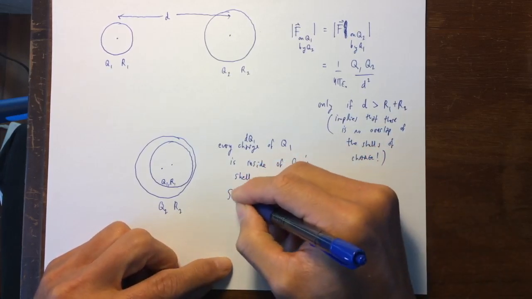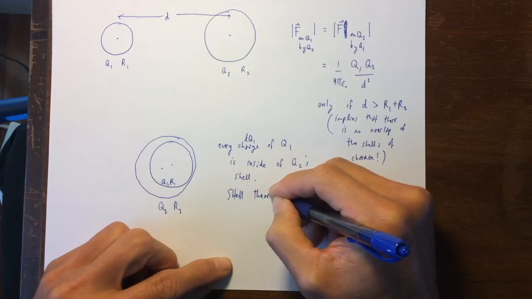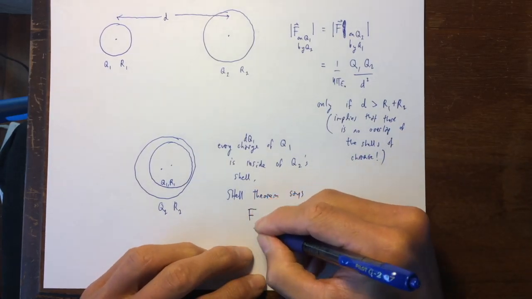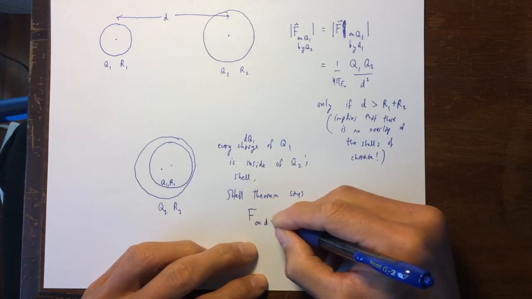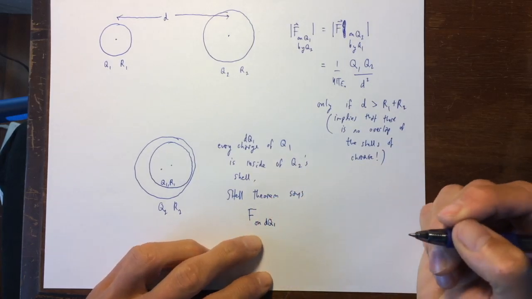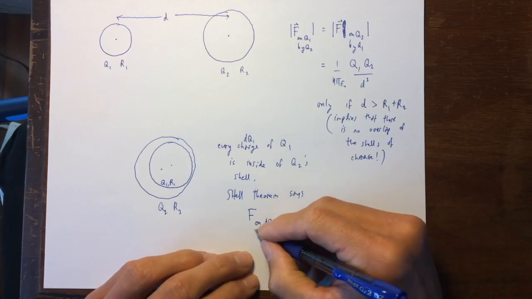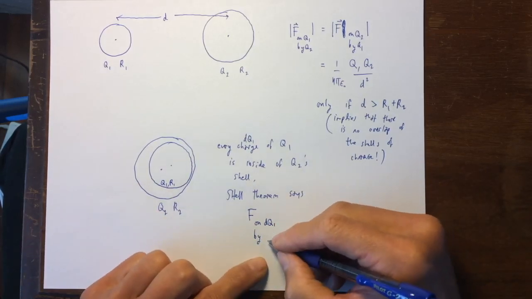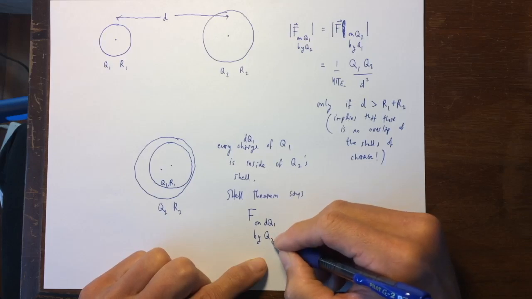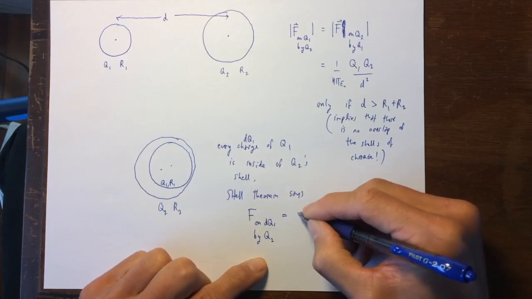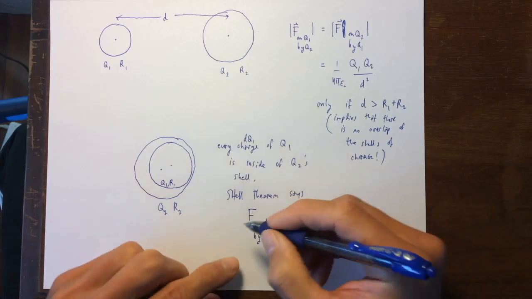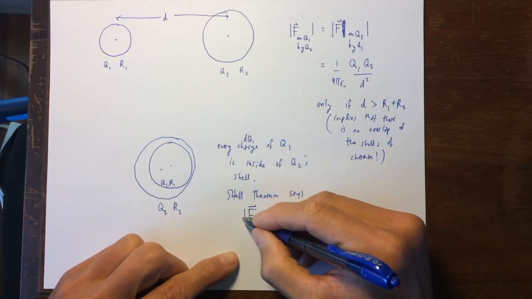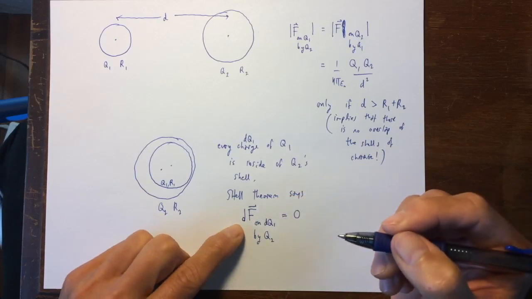So the Shell theorem says that the force on any charge element of the sphere Q1 by the sphere of charge Q2 is always equal to 0. And what's interesting is this is actually a vector, and it is an infinitesimally sized force, right?